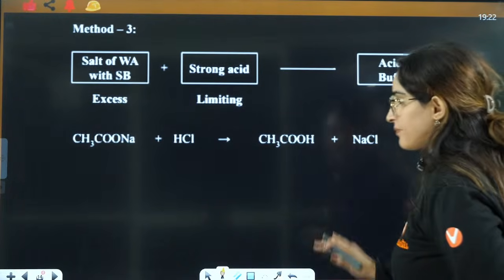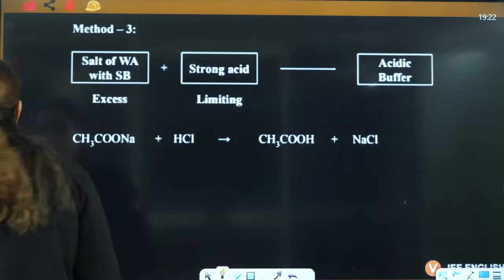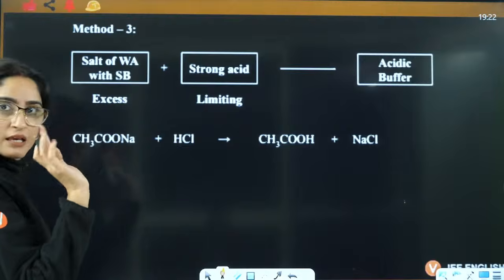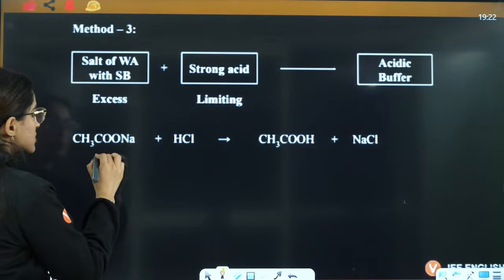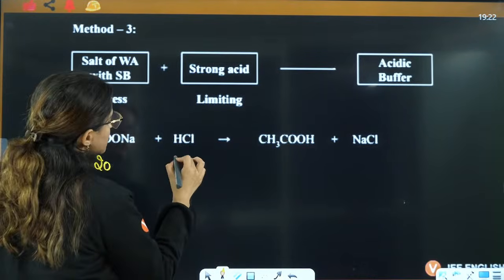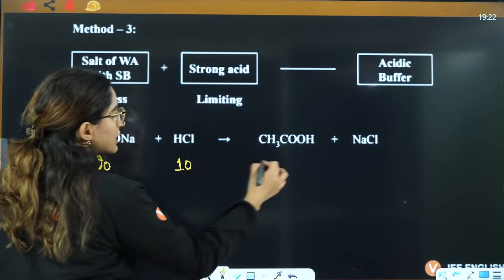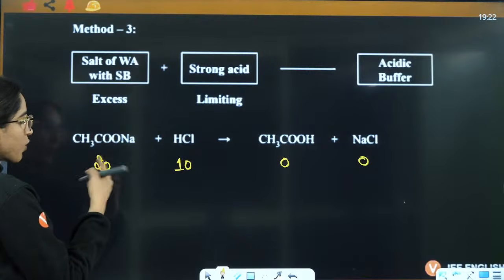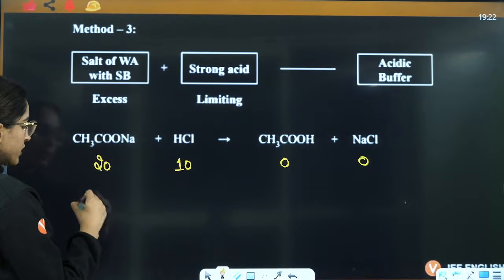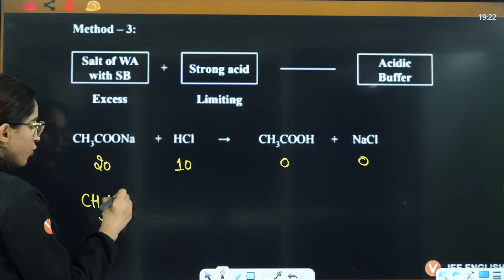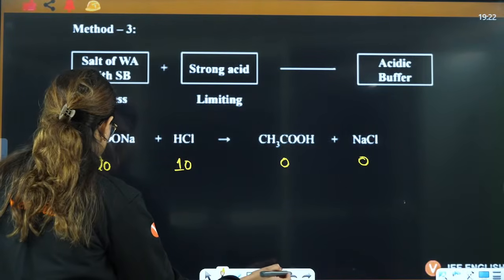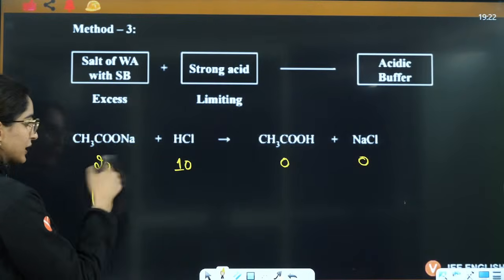So let's see. Here you have excess, right? This is in excess. Let's say this is 20, and this is, let's say, 10, right? This is 0, this is 0 initially. Now out of this, what will happen? All of it will be consumed. Here you will be left with CH3COO, 20 minus 10, 10.